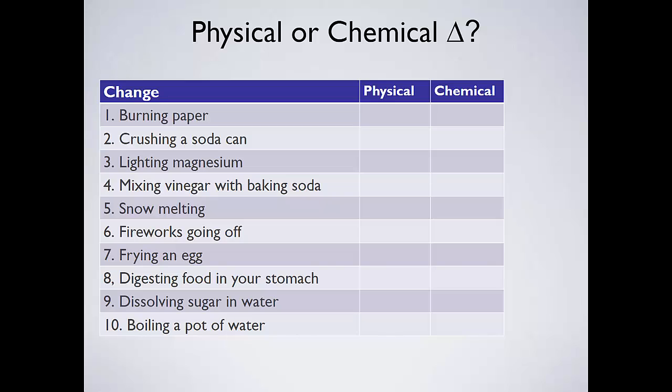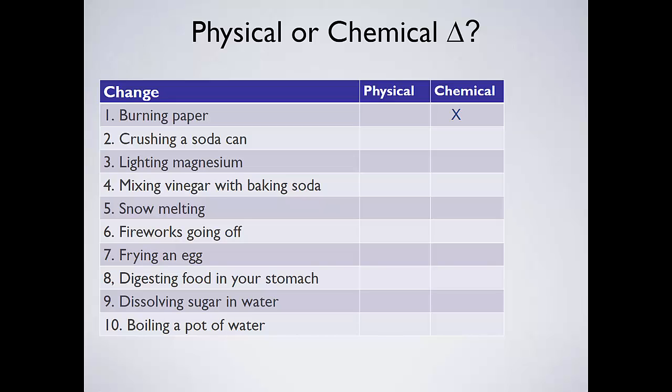If you saw smoke coming out of my ears because I was very angry, what type of change would that likely indicate? Chemical change. Luckily, you don't see that right now, right, Wyatt? All right. Raise your hand if you want to tell me what kind of changes these are. Burning a piece of paper, Emma: chemical.